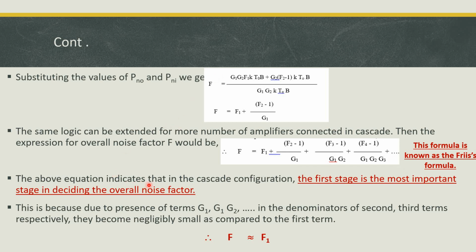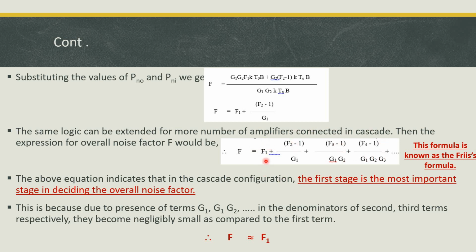The above equation indicates that in cascade configuration, the first stage is the most important stage in deciding the overall noise factor, because the F1 factor is very important: based on this noise only, it will be amplified in the next stage.